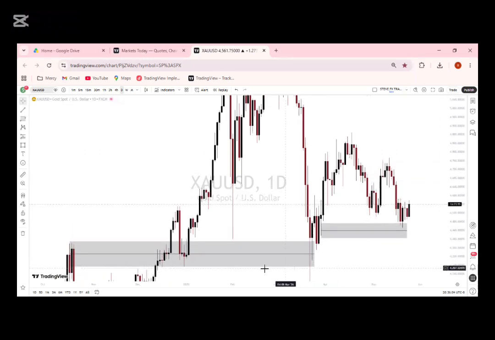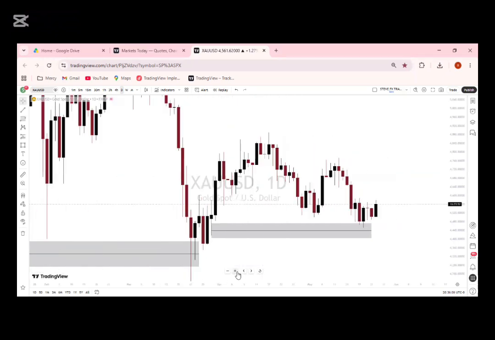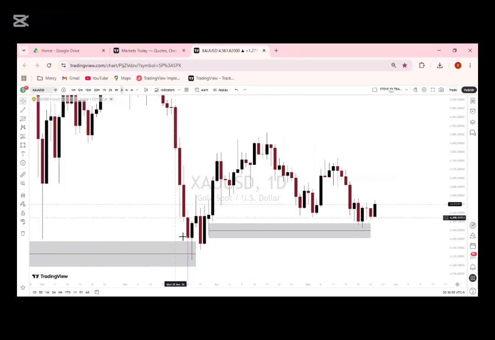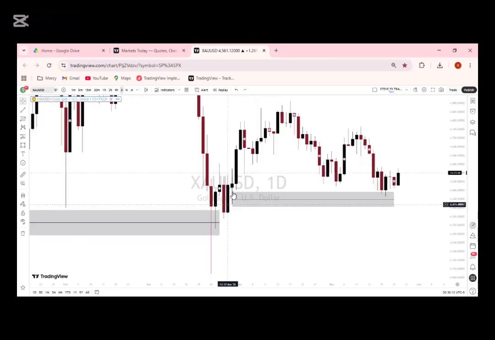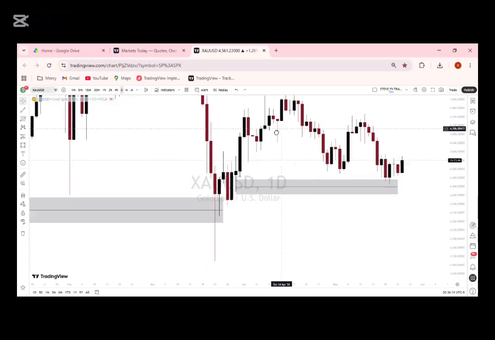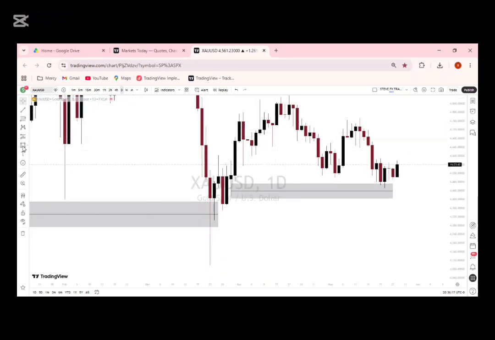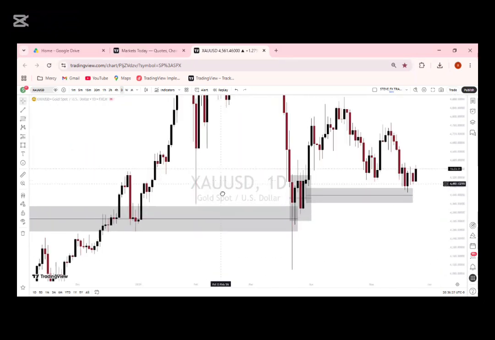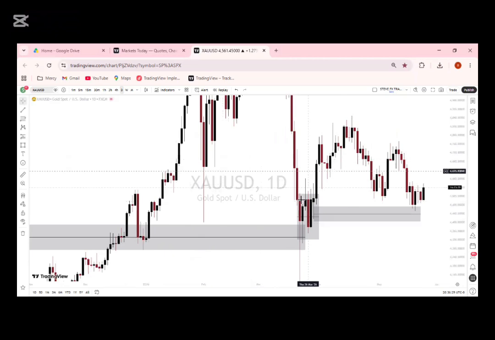Now what we can see over here is that gold at this area had a break and retest as well, and then we had this impulsive move from this area, leaving this order block behind. This becomes an order block since the market was bullish from all these areas, and we have a support zone that the market kept rejecting from.